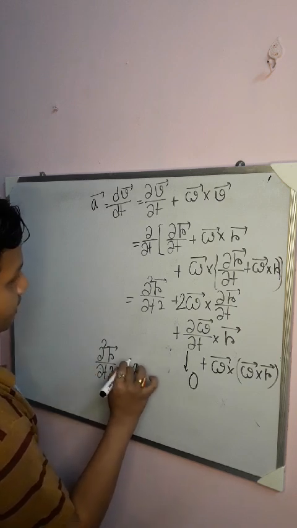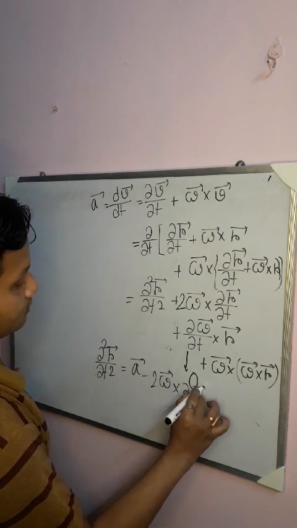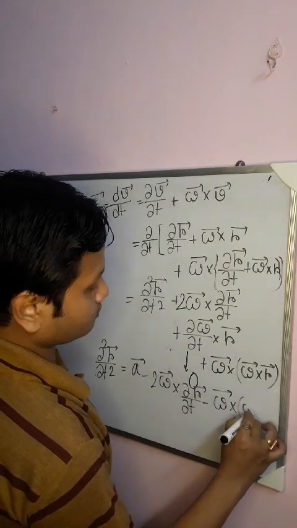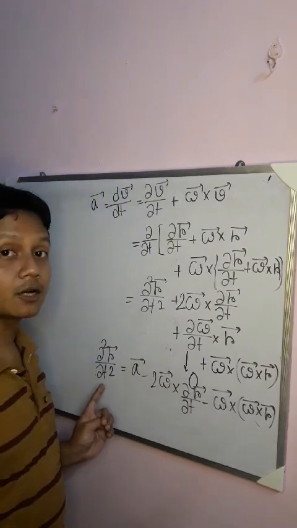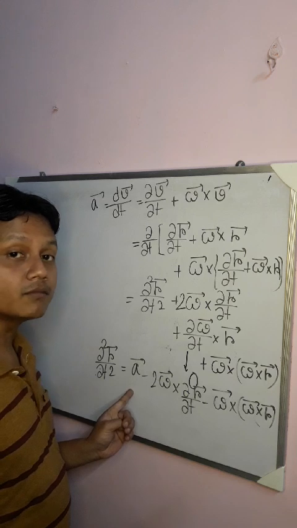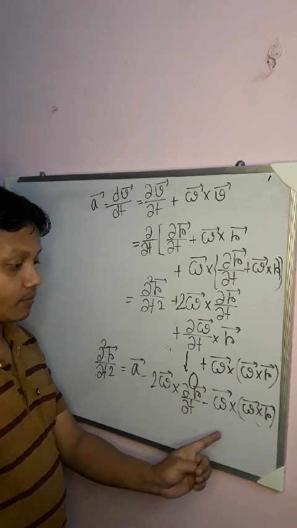This you can write as a minus 2 omega cross del r/del t minus omega cross omega cross r. So what is this? Acceleration of the particle relative to S dash frame. This is acceleration of the particle relative to S frame, and these are the other terms.